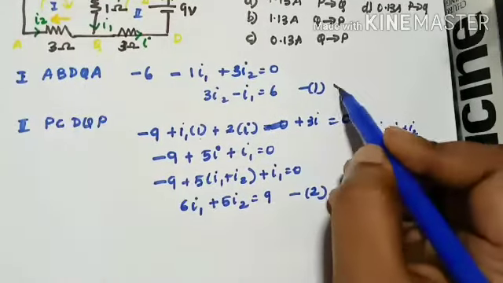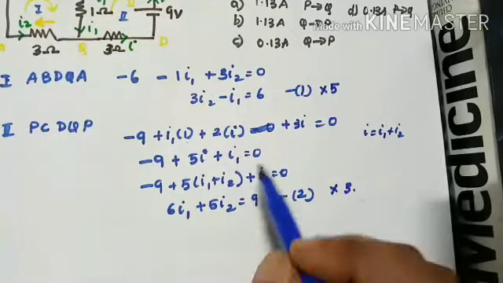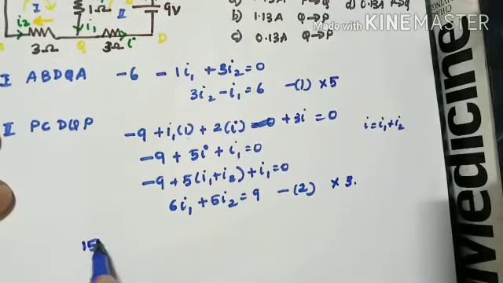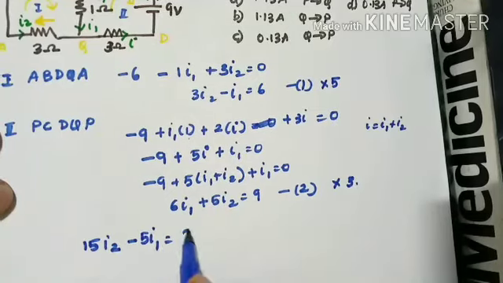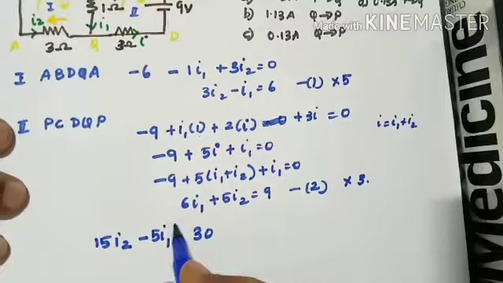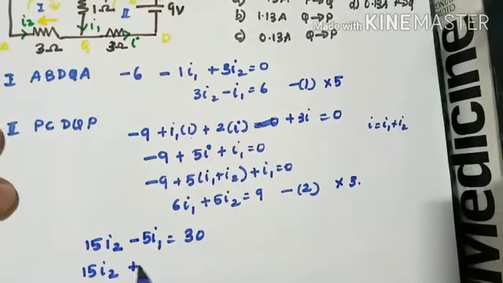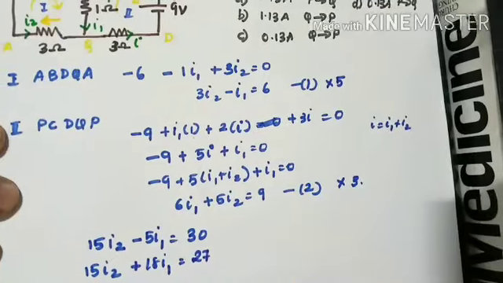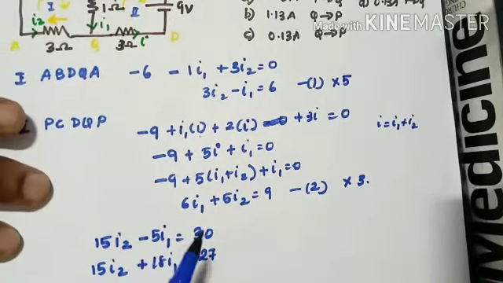So I will multiply this equation with 5 and this equation with 3. So what happens? This first equation becomes 15 I2 minus 5 I1 is equal to 30, and this equation becomes, let's bring I2 here, so it becomes 15 I2 plus 18 I1 is equal to 27, right? Right, you'll get an equation like this.